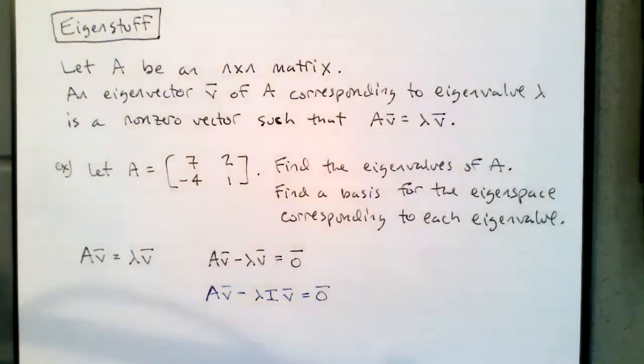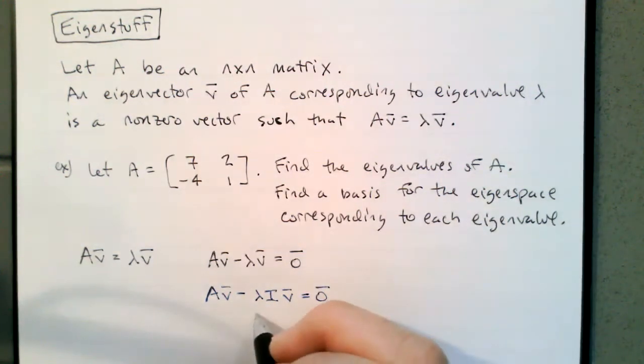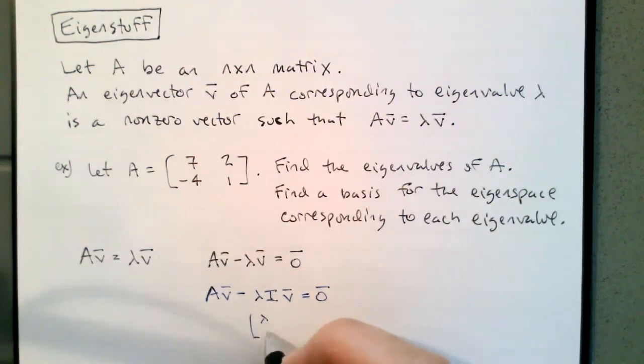The reason that I want to do this is that I want to be able to factor out the V to make a homogeneous matrix equation, but I can't subtract A minus lambda because lambda is a scalar and not a 2 by 2 matrix. So I'm going to insert an identity matrix. This doesn't change the value of lambda times V. Since we're dealing with a 2 by 2 matrix, lambda I is just a matrix with lambda on the main diagonal and 0 off the main diagonal.